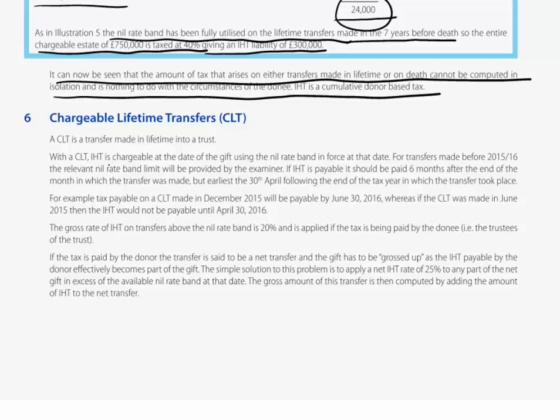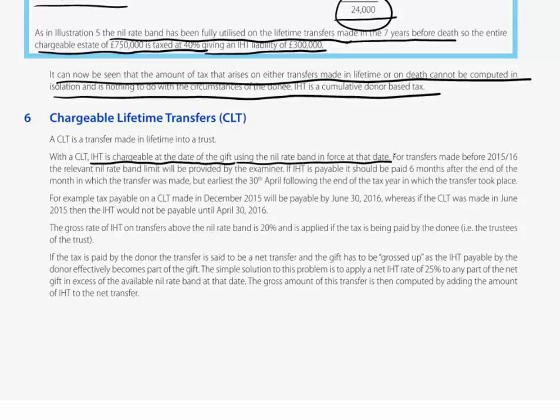Now with a CLT, IHT is chargeable at the date of the gift. It is a chargeable lifetime transfer, unlike a PET. And because it's chargeable when made, we will use the nil rate band in force at the date when the transfer was made.